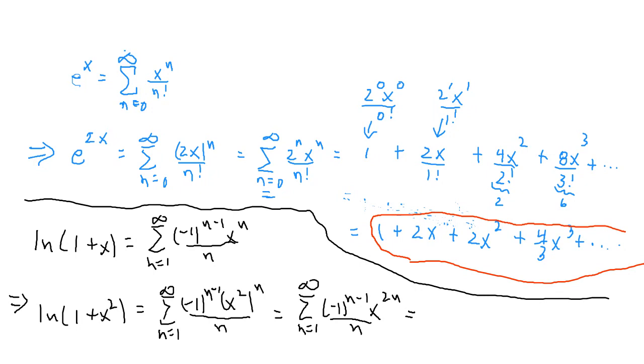So if we write out some terms, let's see. The first term is going to be a 1. No. First term is going to be a 1x squared because we're starting at n equals 1.